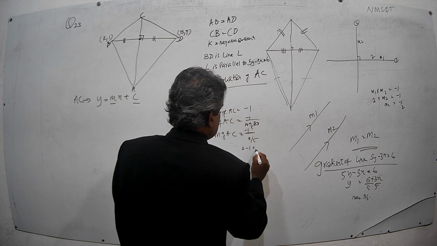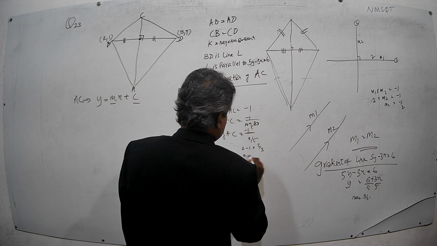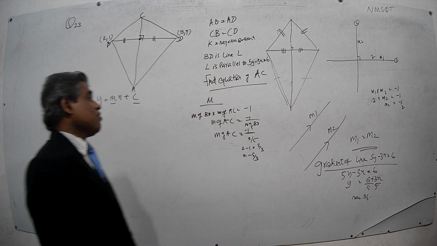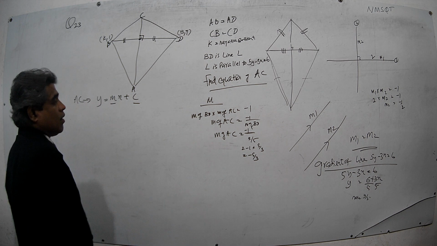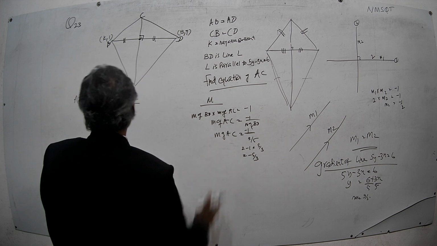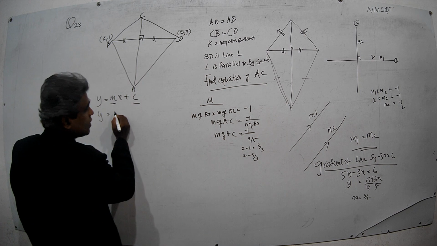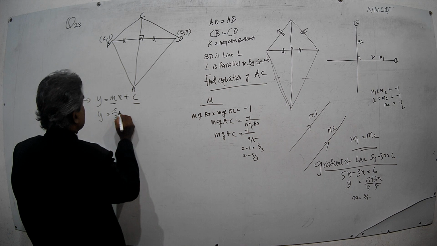Then minus 1 into 5 over 3 equals minus 5 over 3. That is the gradient of the line we want. Here that means you can now write y equals minus 5 over 3 x.